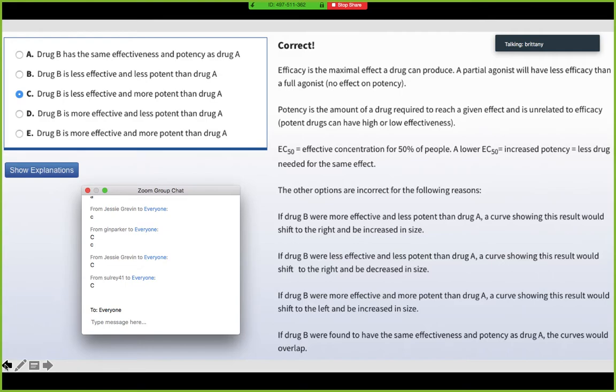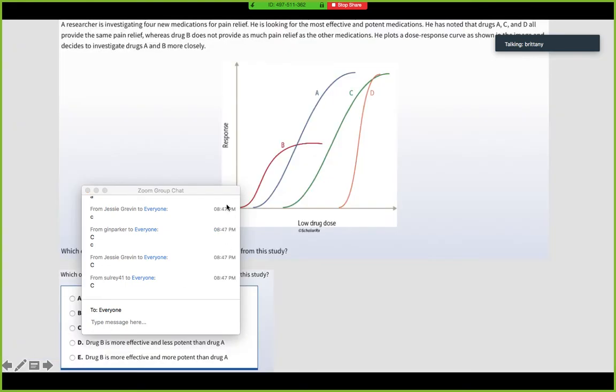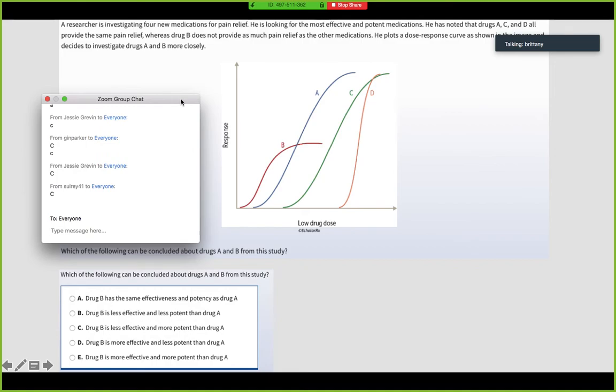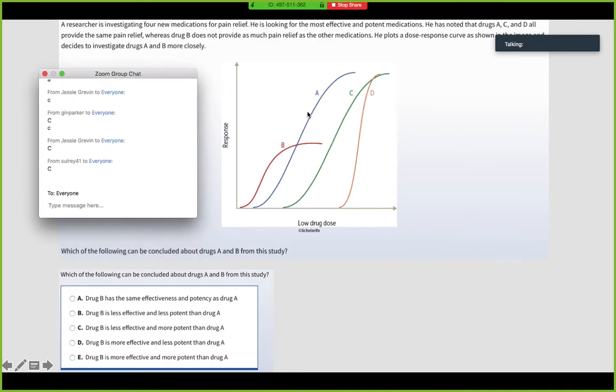So make sure you know the difference between potency and efficacy for tomorrow. If the Emax is smaller, this means that the drug is less efficacious.